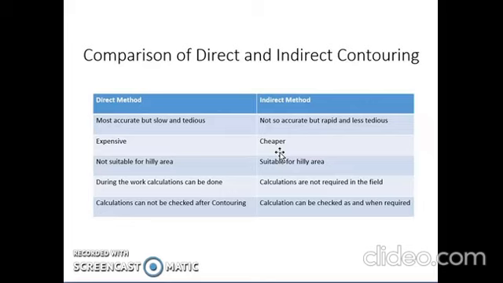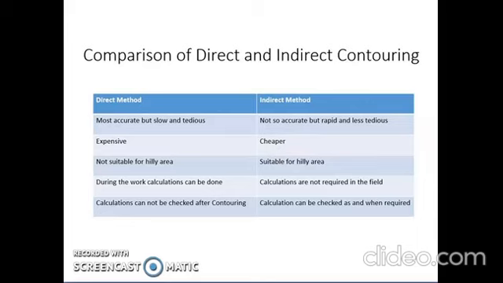Direct method is not suitable for hilly areas because you cannot lay a grid, or you cannot mark the points on the earth's surface, as some places are not reachable. Whereas the indirect method is suitable for hilly areas.